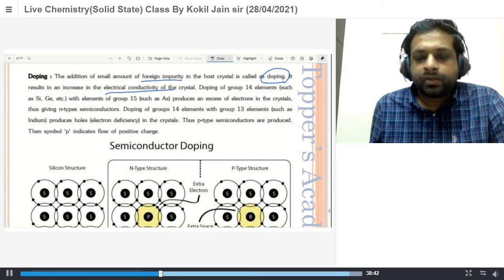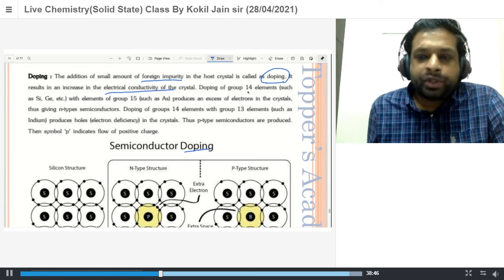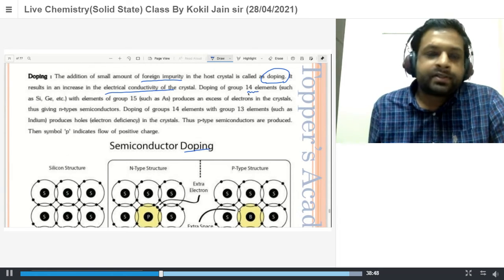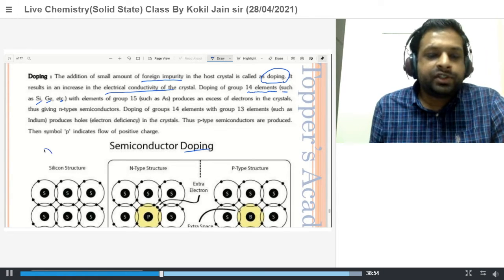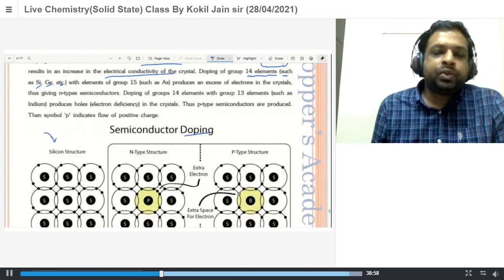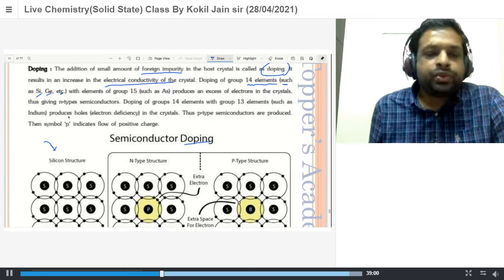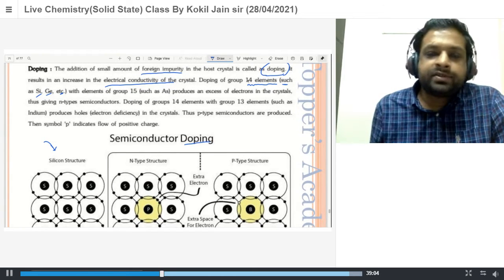First, let's see doping of group 14 elements such as silicon, germanium, etc. We are seeing the silicon structure here. We are going to dope group 14 elements with elements of group 15 such as arsenic here.